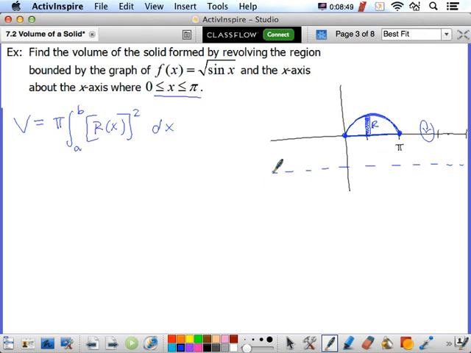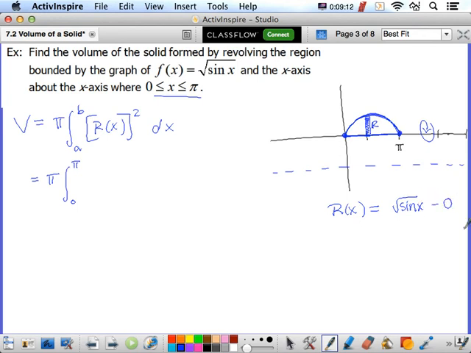Okay, so we have V equals pi times the integral from A to B, and they told us to go from 0 to pi of R of x. And R of x is equal to this trapped area right here, which is just the square root of sine x, minus the axis of revolution.